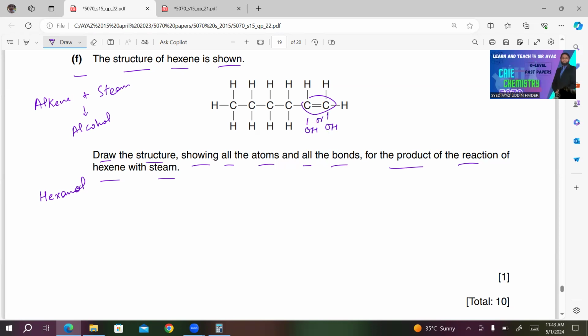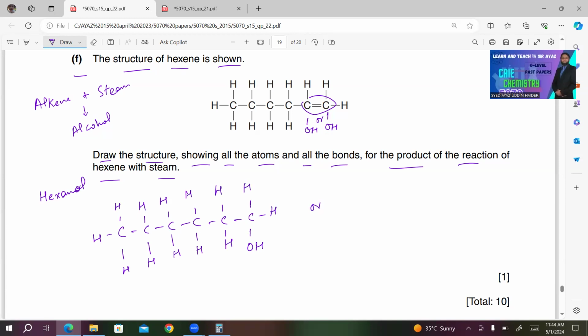So first of all, I'm going to show all the atoms of carbon 1, 2, 3, 4, 5, 6. Now I'm placing OH on the first carbon atom. Now hydrogen atoms. In the next possibility, I'm going to change the position of OH.